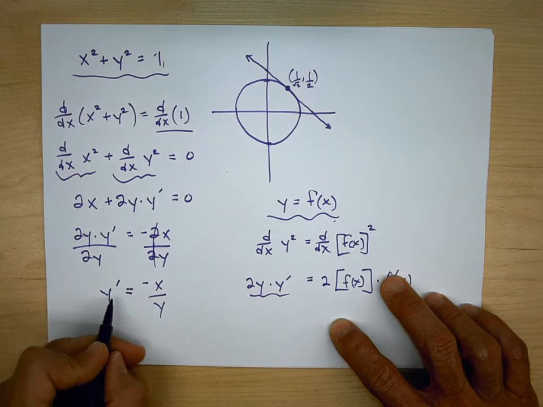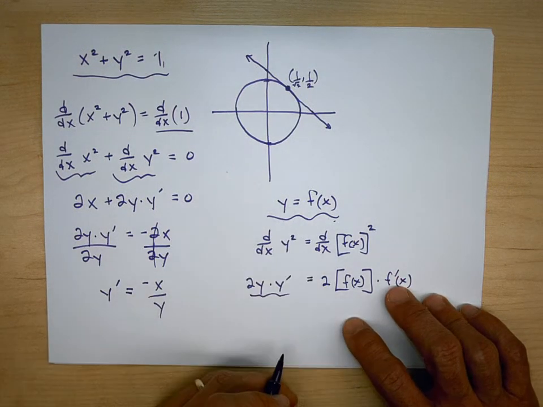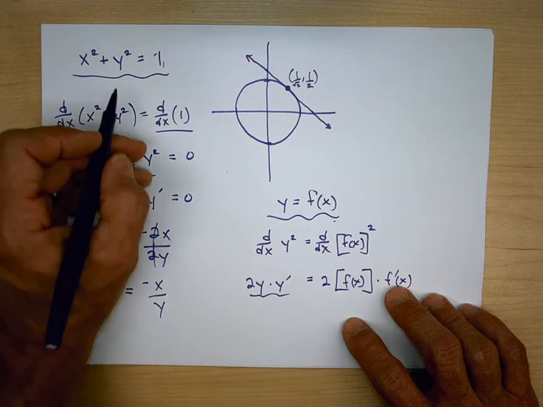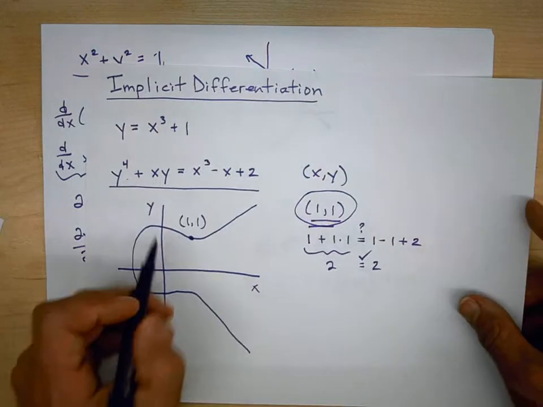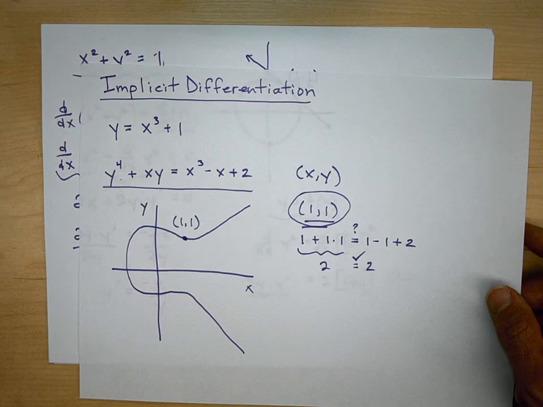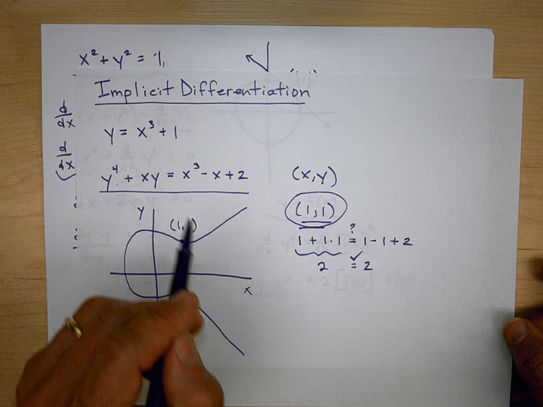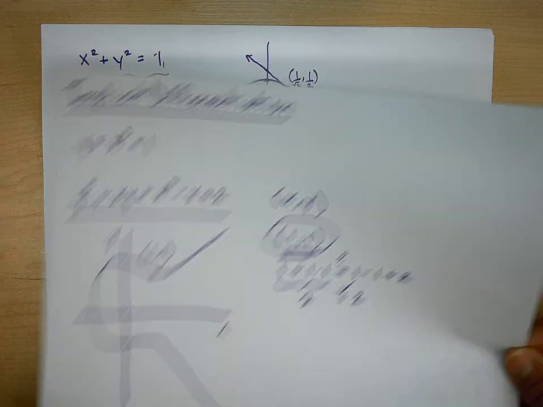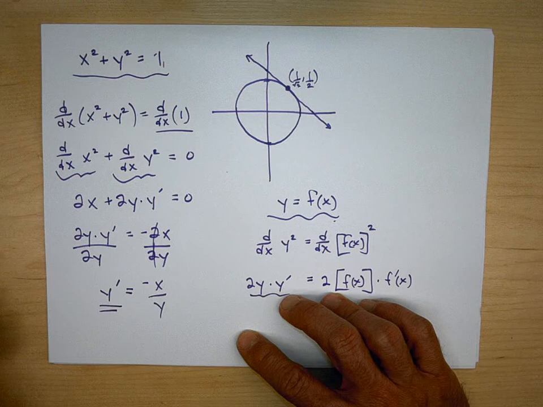So here I can solve for y prime even if I can't solve for y. Actually, it wouldn't be too hard in this case, but in the case that we started with, solving for y is just about impossible. Off the top of my head, I can't think of a way to solve for y. But we could still solve for y prime. That's what implicit differentiation allows us to do: solve for y prime even if we can't solve for y.